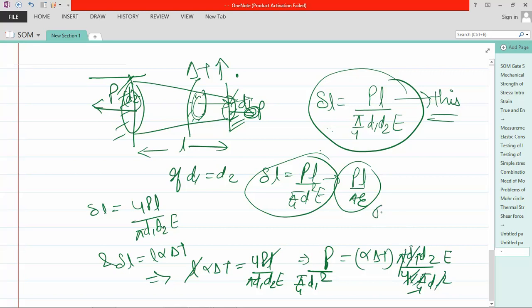It will be sigma maximum equal to alpha delta T times E times d2 by d1. I hope you are getting it. Just write in the chat box if you are getting it.